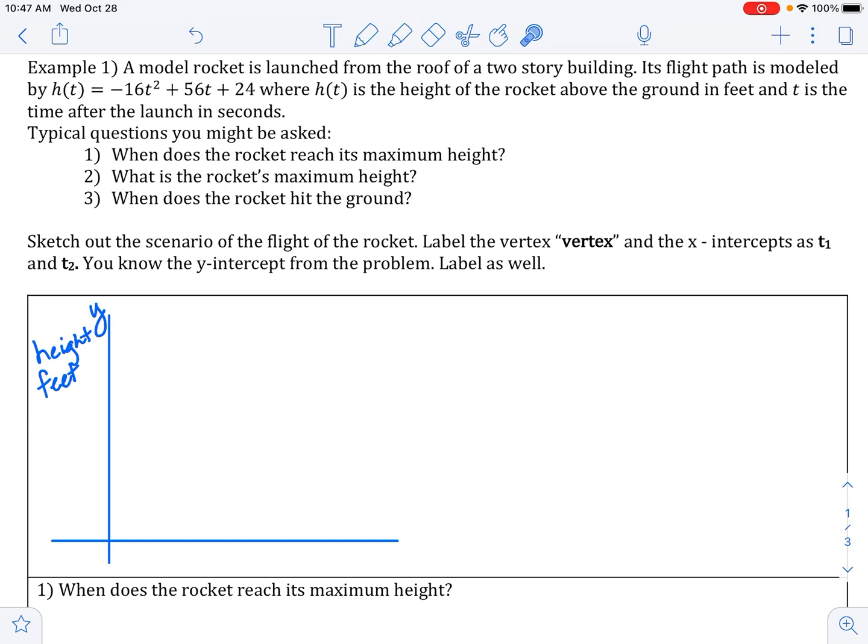That is the y-intercept. So I'm just going to put 24 here randomly. We do know that this starts at 24 and it's being launched upwards, and then because of gravity comes back down. So we're just going to do a rough sketch, something like that.